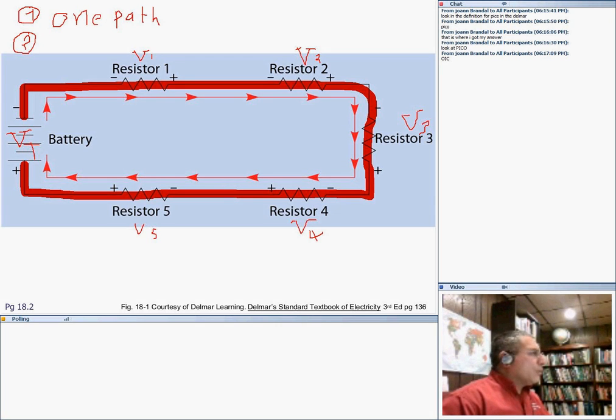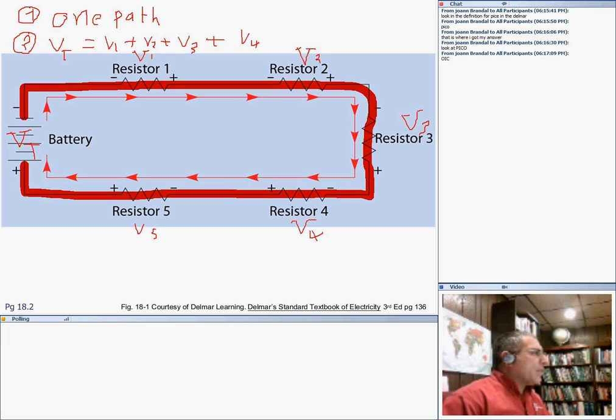So the total voltage, the source voltage, V total, equals the sum of all the voltages, V1 plus V2 plus V3 plus V4 plus V5. Joe, my friend, you can call it E or you can call it V, it's the same thing.